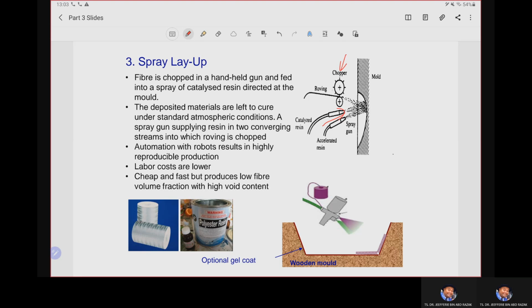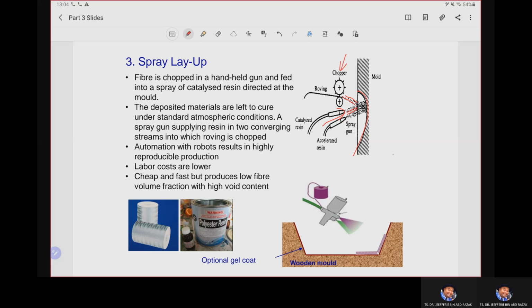The fiber is chopped at very high speed, and then we supply the polymer resin from the accelerated supply through the hose, directed to the mold. Say, for example, this is our mold. Then the deposited resin with chopped fiberglass, we leave to cure at room temperature.